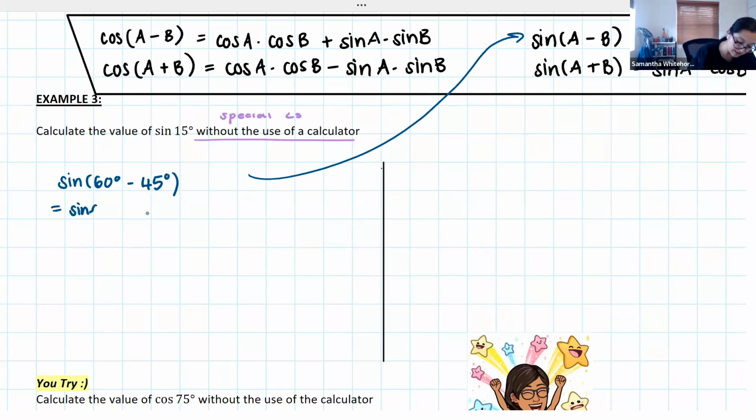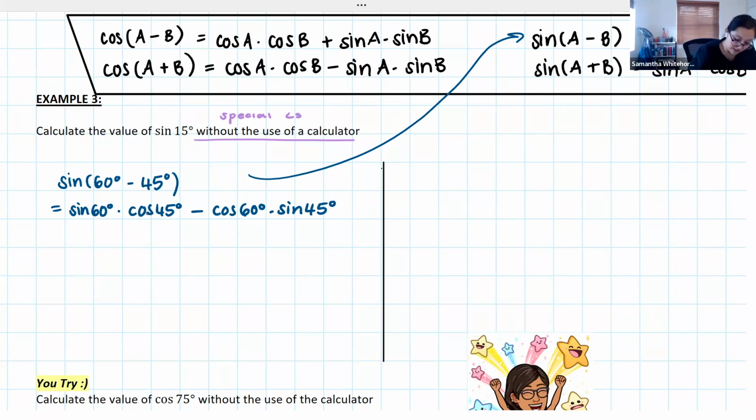So it'd be sine 60 times cos 45 minus cos 60 times sine 45. Special angles, use your calculator if you're not 100% sure, or if you know your special angle triangles, you're much better than me, because I think I chucked that out of my brain real quick after school.